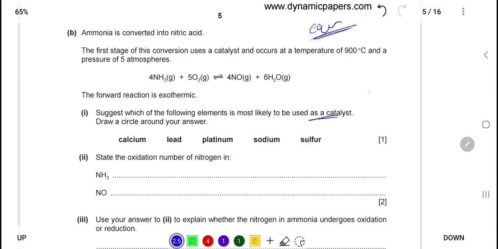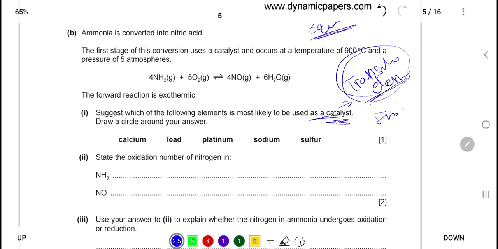You might be confused at first, but you need to know that being a catalyst is a chemical property of transition elements. The group 1 elements, group 2, the normal metals, do not form catalysts. So if you know this single piece of information, that transition elements are the only ones that form catalysts.